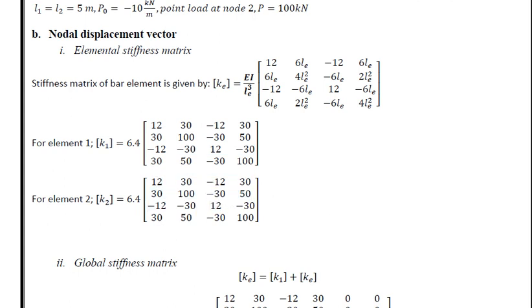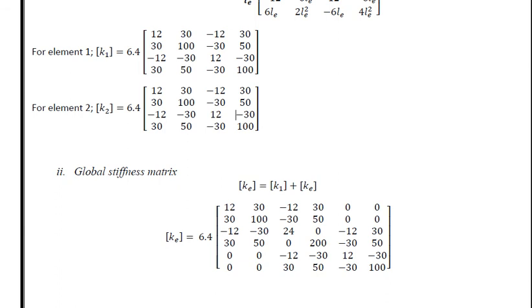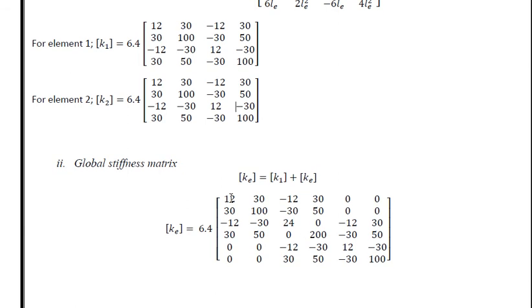So coming to the global stiffness matrix, for the first element the degrees of freedom will be 1, 2, 3, 4. For the second element it will be 3, 4, 5, 6. So totally the degrees of freedom for the global stiffness matrix will be 1, 2, 3, 4, 5, 6. So 6 rows, 6 columns will be the size of the global stiffness matrix.